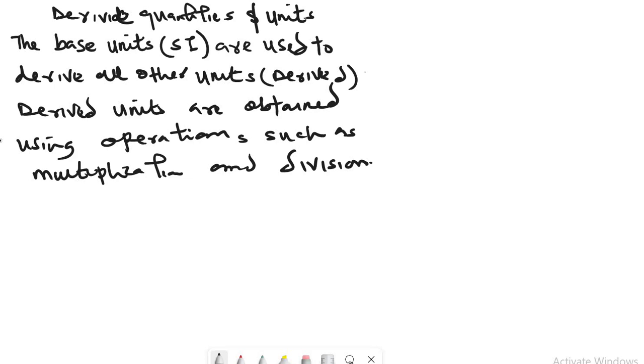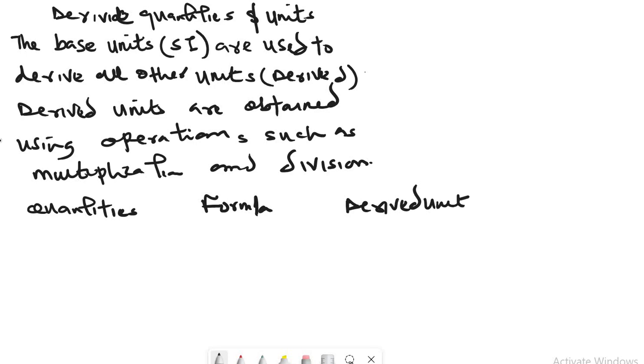Now, let's see some derived unit and how we obtain them. I'm also going to put it in tabular form. Quantities, the formula, and derived unit.